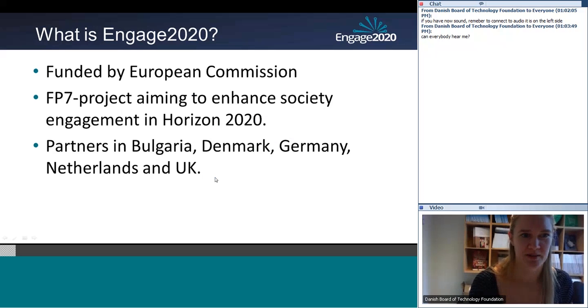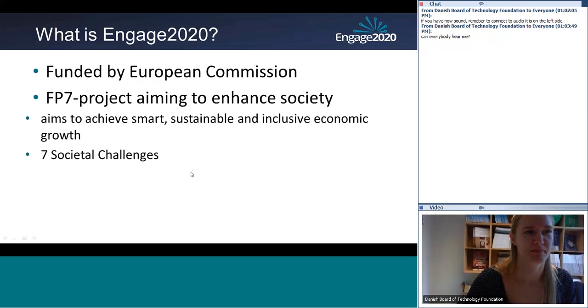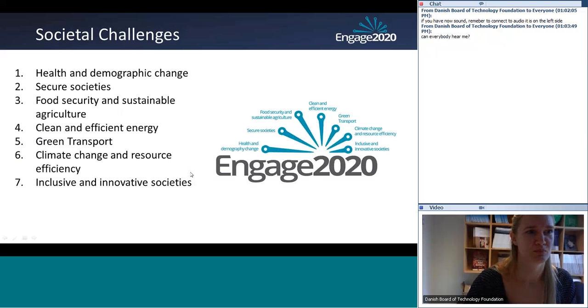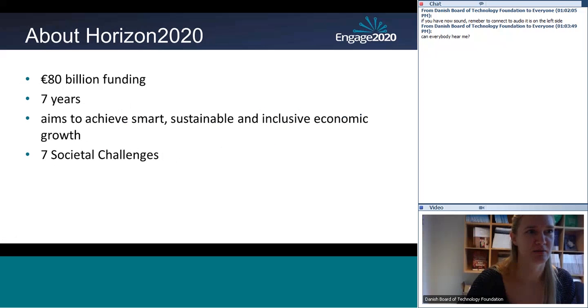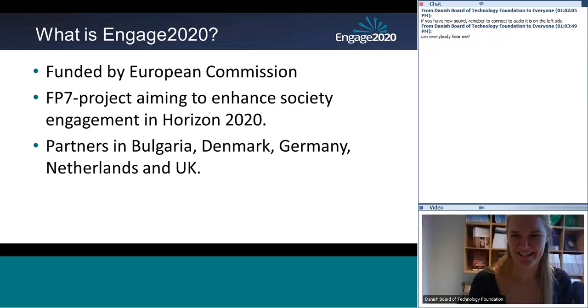We have partners in Bulgaria, Denmark, Germany, the Netherlands, and the UK. The key aims of Engage2020 are to support and ensure better quality of societal engagement in research and innovation.